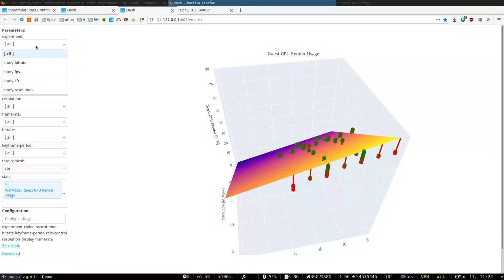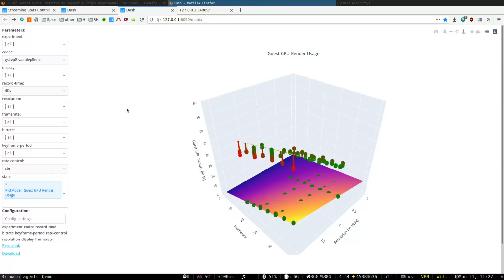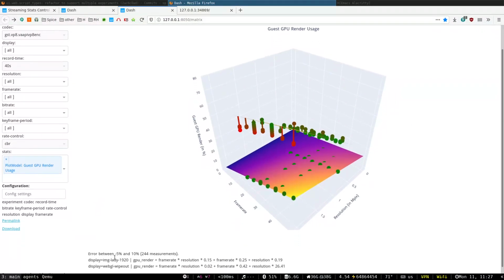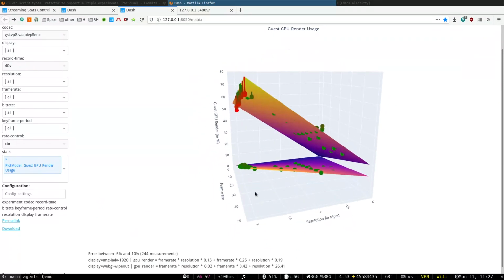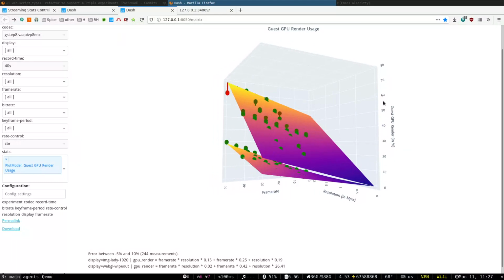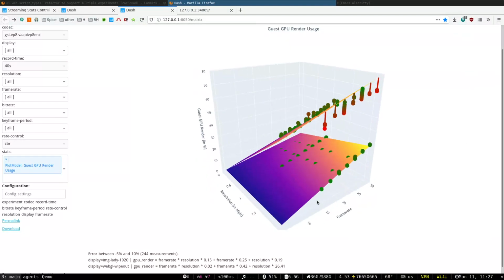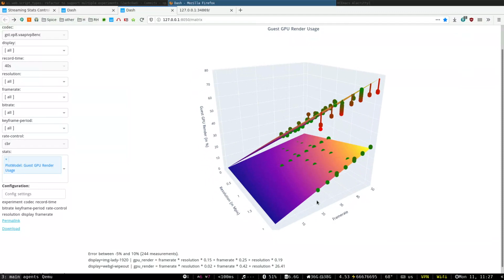And we can also add the still image. It takes again a little while to load, but there it is. So again we've got between 5 and 10% of error, and now we've got 2 planes showing the relationship between the resolution, the display, and the frame rate.